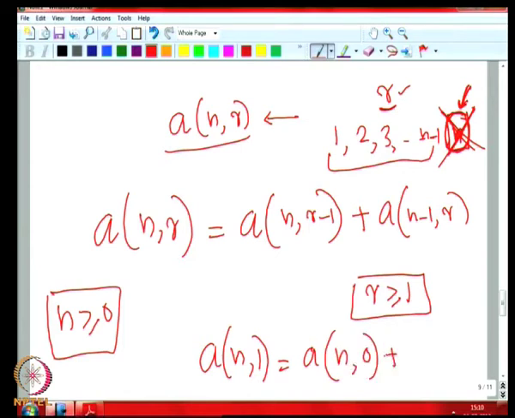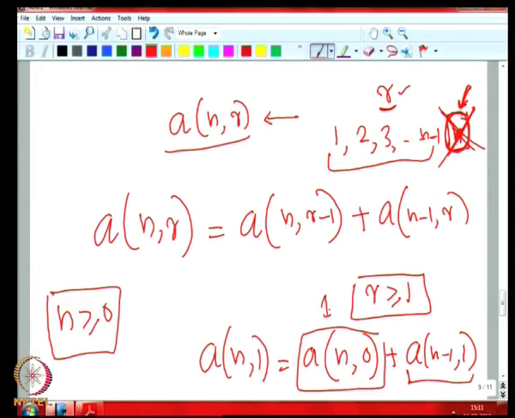The other case is when I decide not to take it, and then that is A of n minus 1 comma 1. One object out of n minus 1 you can take in n minus 1 ways.